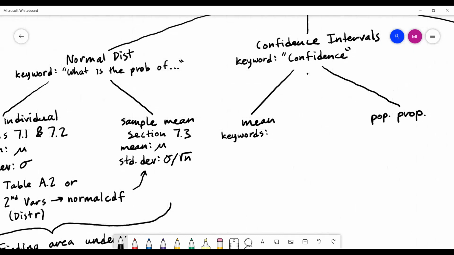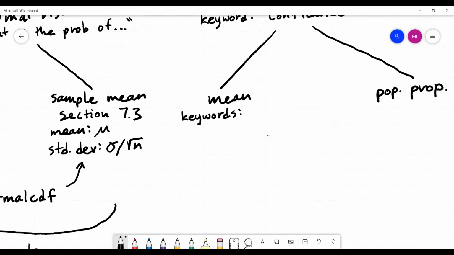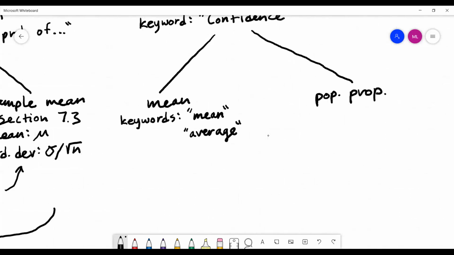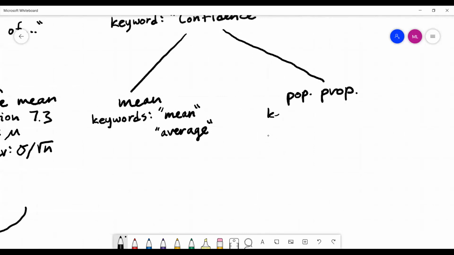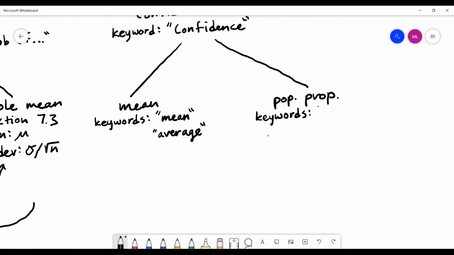When we were trying to find a confidence interval, the goal was to basically predict the mean. And the words that they'd explicitly use were either mean or average. Whereas if you were dealing with a population proportion, the keywords sometimes they would say portion or proportion or percentage.